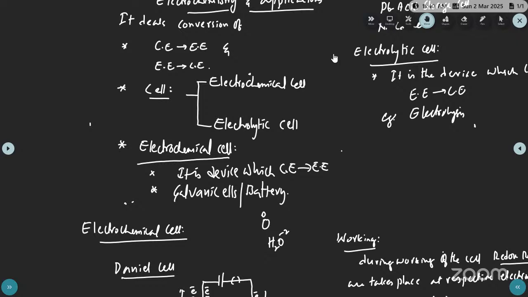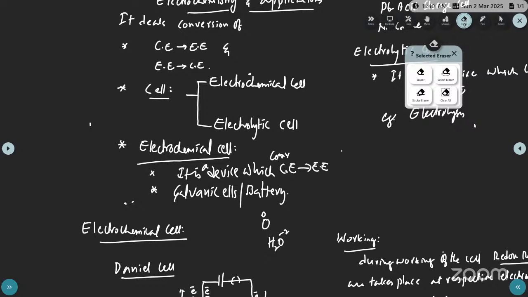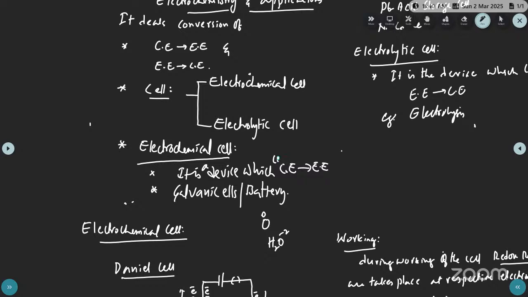Electrochemical cell is a device which converts chemical energy into electrical energy.